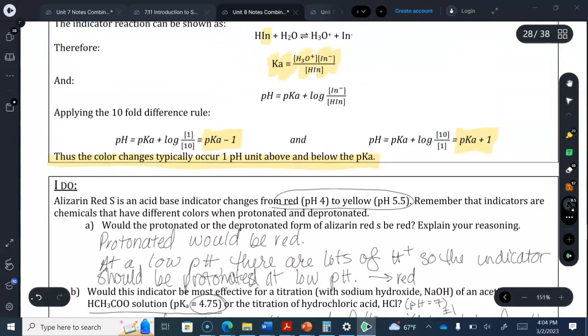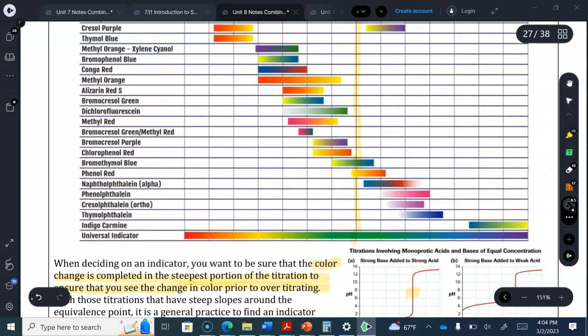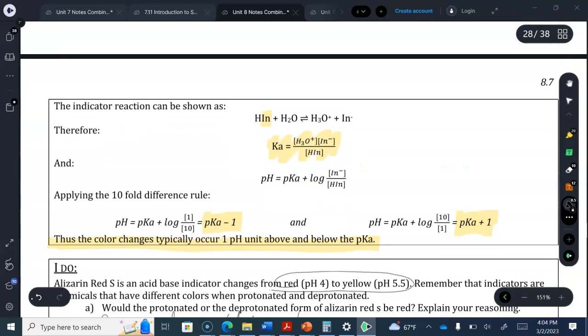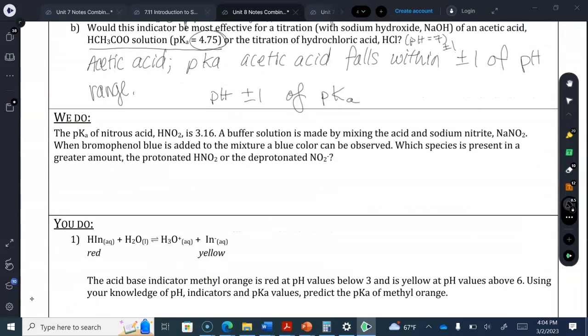So bromophenol blue, we're going to look up here and find bromophenol blue, which is right here. And it is blue at higher pH. So I'm going to come down here. Since it is blue at higher pH, that means that it has donated its proton.